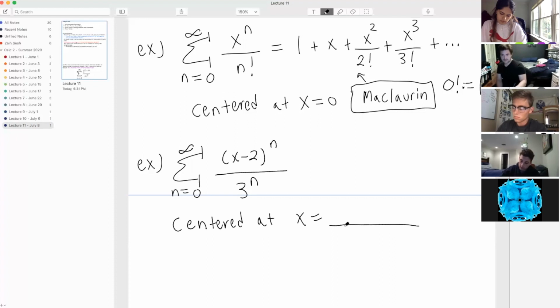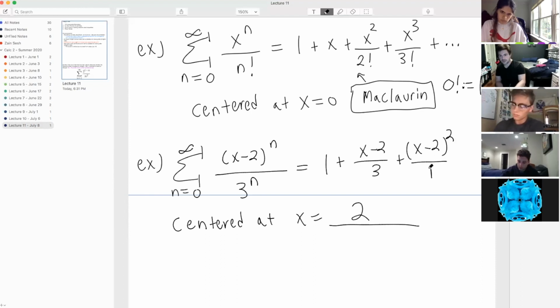Exactly, this is centered at x equals 2. Let me write out the first few terms: 1 plus x minus 2 over 3 plus x minus 2 squared over 9, and so on.